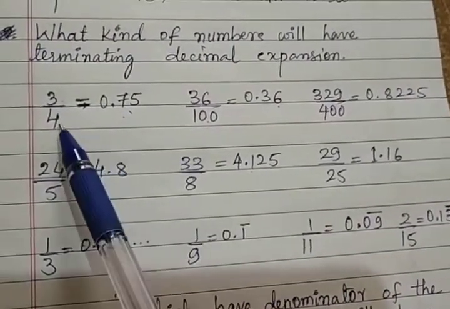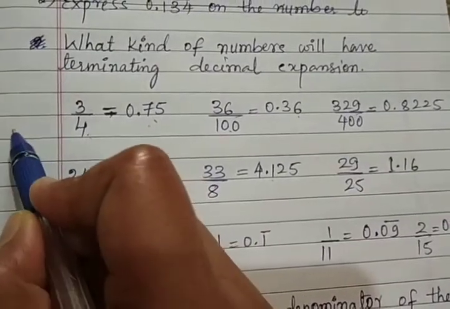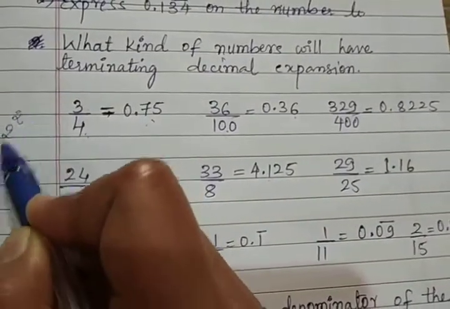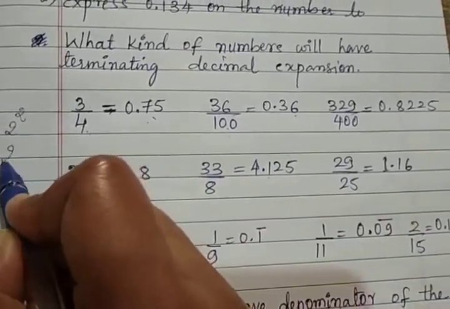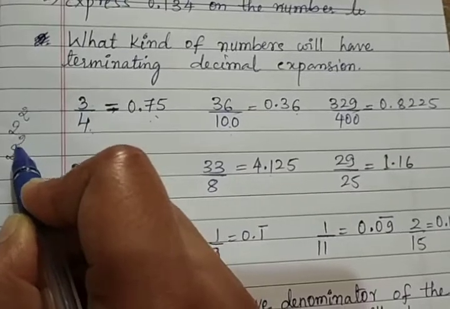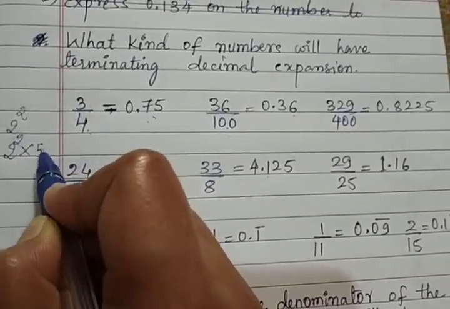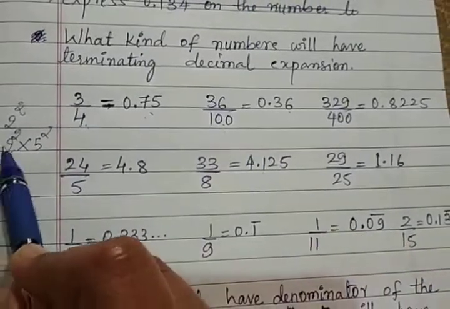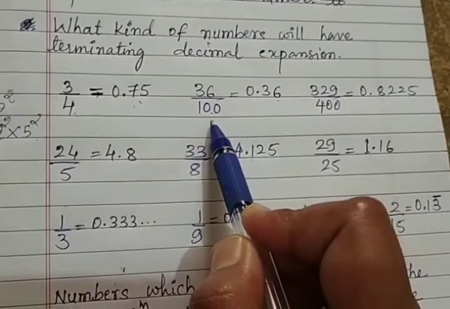Okay, you see 4 is a number which can be expressed in terms of 2, that is 2 into 2, 2 square. 100 can be written as 2 square into 5 square, isn't it? By taking the prime factorization of these numbers, we can do that.